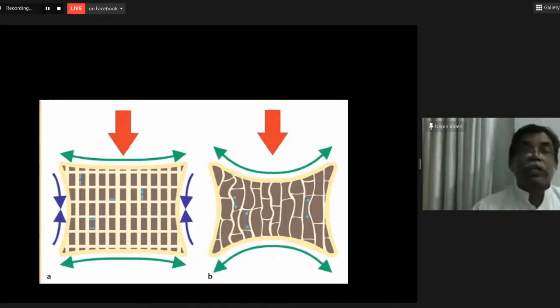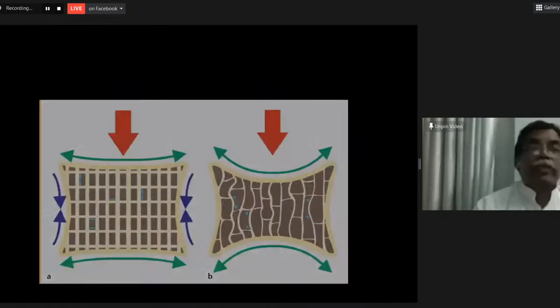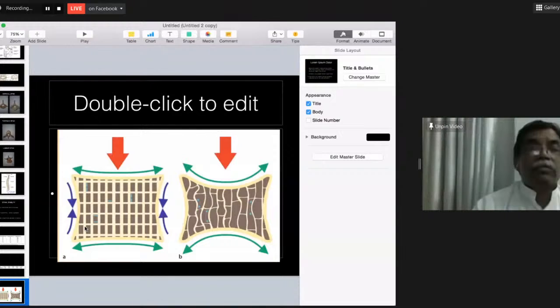So there are a lot of work which are able to are these transverse trabeculae. Bind the vertical trabeculae and prevent collapsing whenever there is a weighing of the vertical.